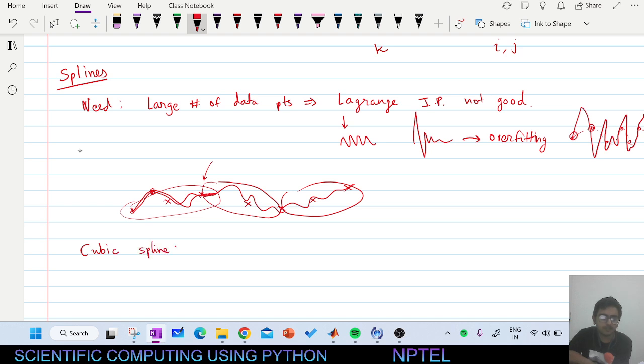And so the formula is given as this. It's not the formula for f of x, but rather f double prime of x. Second derivative, and that is a linear combination of f double prime xi times something, and the same for i plus 1.